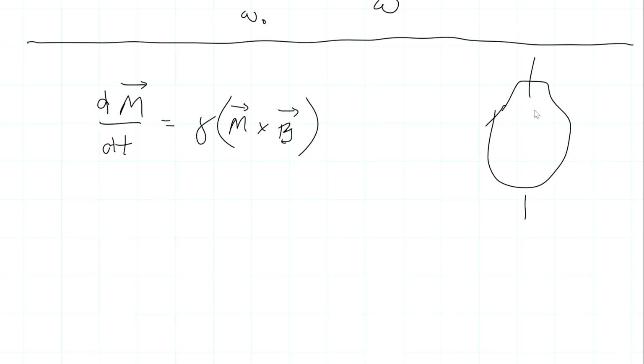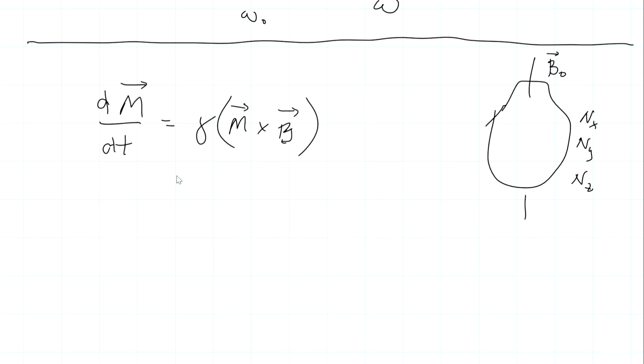We have a material. Let's again assume that our B naught is pointing upward. But now we have magnetic material, and we have demagnetization factors Nx, Ny, Nz.